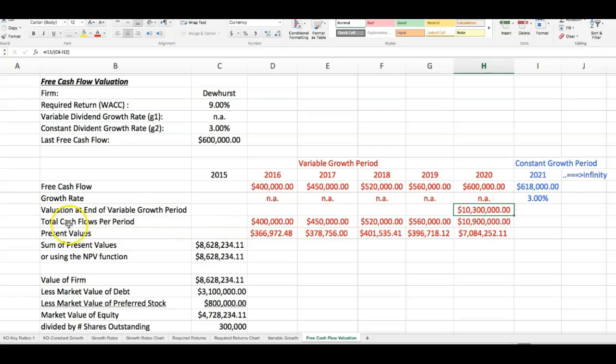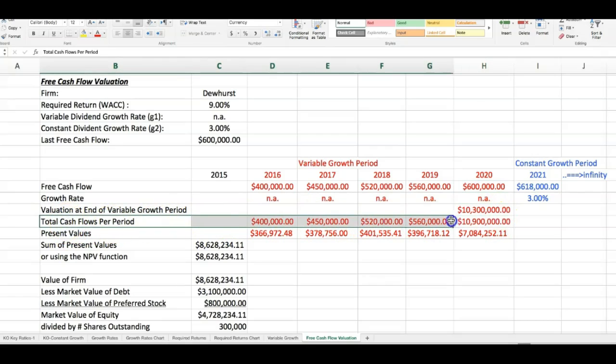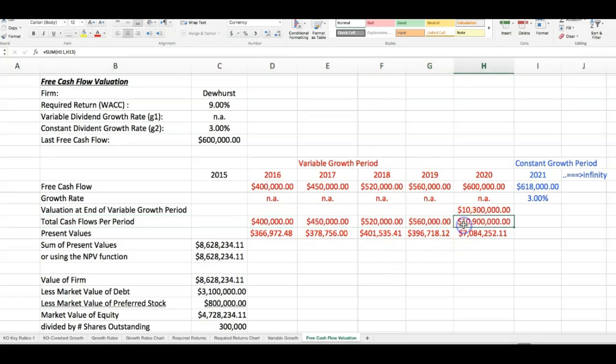So we have our total free cash flows for each period from year 2016 to 2020. In 2016 through 2019, these are simply the free cash flows. And then in year 2020, we've got the sum of the free cash flow of $600,000 and the present value of all those future free cash flows in our constant growth rate period of $10.3 million.